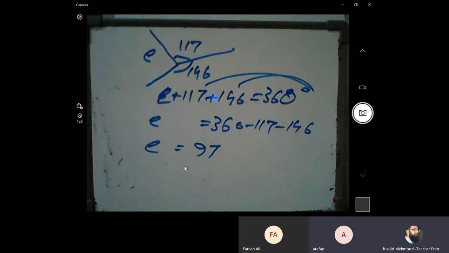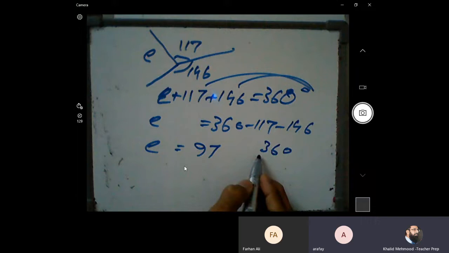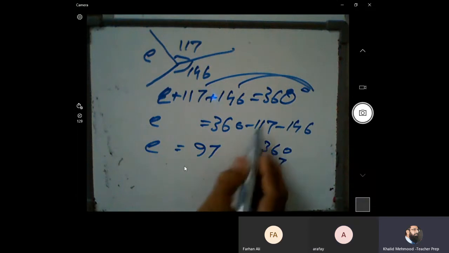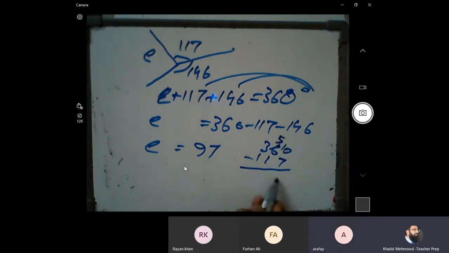Let's check it out. 360 minus 117. First, I'm subtracting this one. We carry, it becomes 5, so it becomes 10. 10 minus 7 is 3. And then 5 minus 1 is 4, so 243. Now subtracting 146.